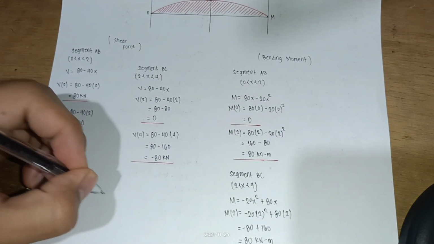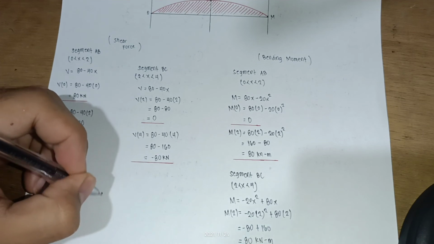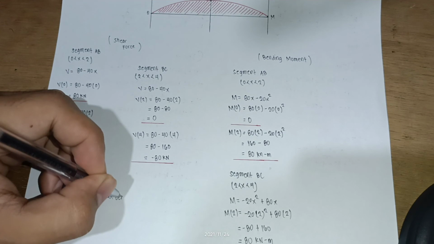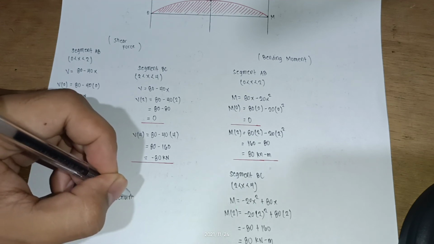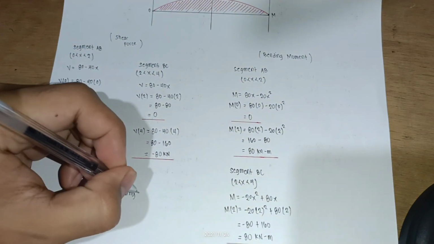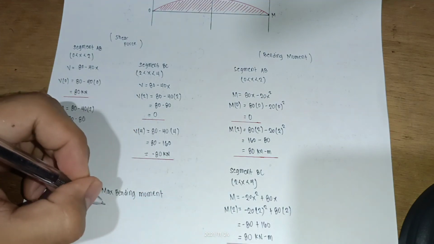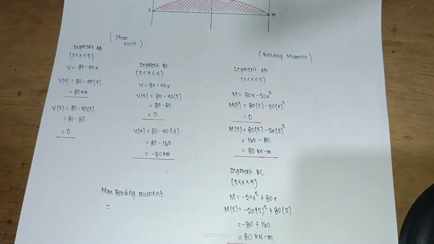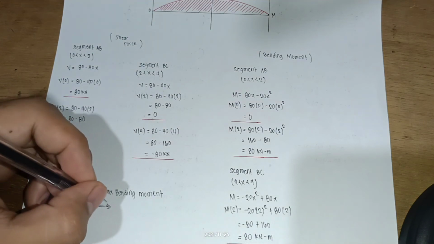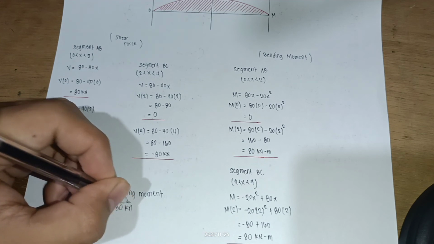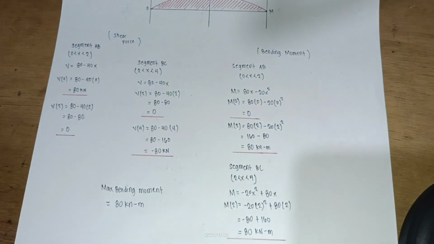So the maximum bending moment is equal to 80 kilonewton meter.